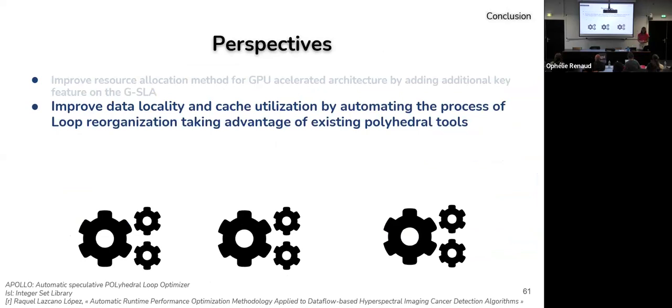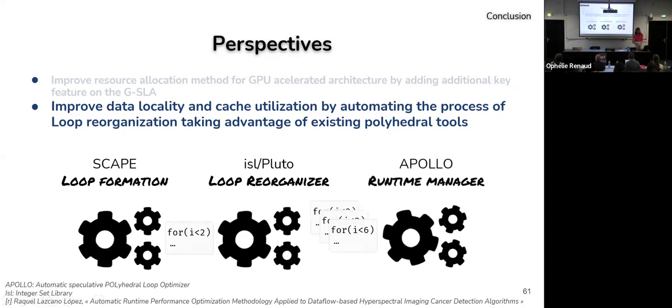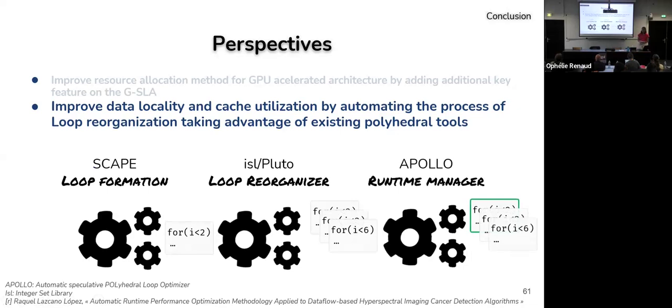Another perspective is to improve data locality and cache utilization by automating the process of for loop reorganization, taking advantage of existing tools. For example, Scape could create or isolate a for loop. Then ISL or Pluto can reorganize the loop iterations, and then Apollo, which is already integrated in Prism, can select the best for loop at runtime.